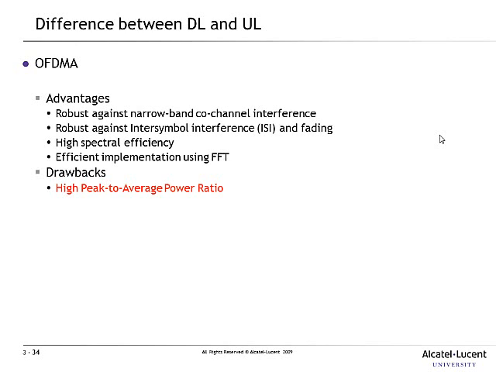But the main problem that we have with OFDMA is it has this problem called high peak to average ratio. Okay, and this is referred to as PAPR. Okay, so it has a high PAPR, peak to average power ratio.